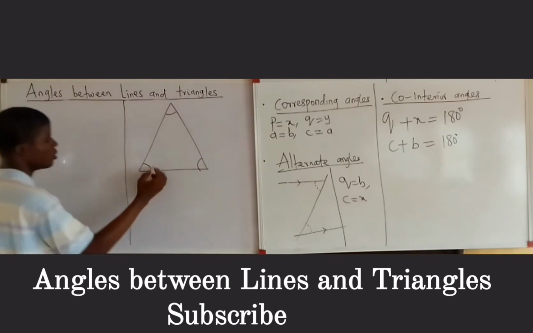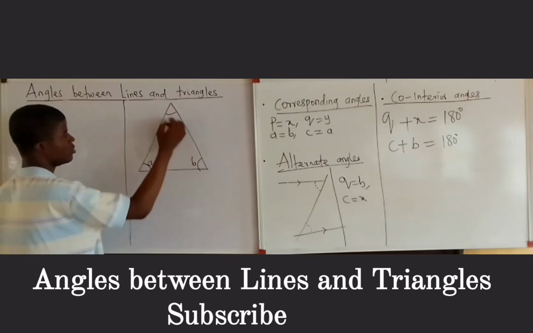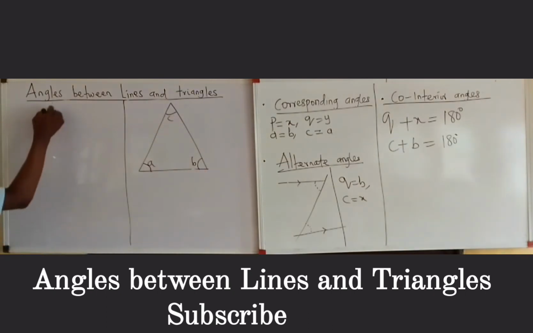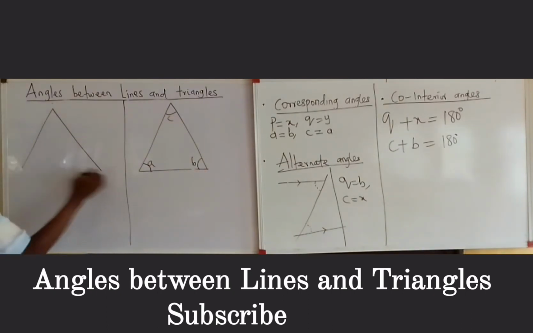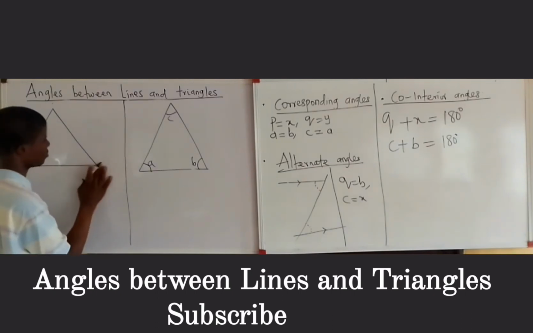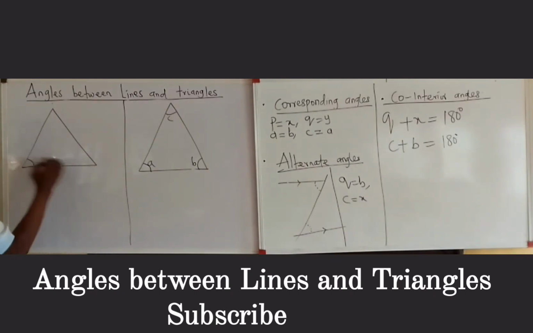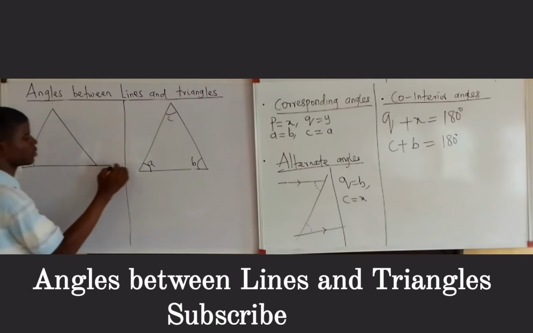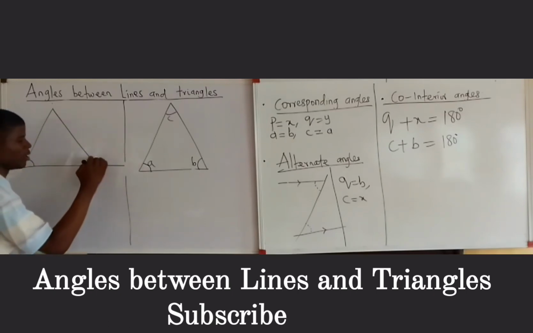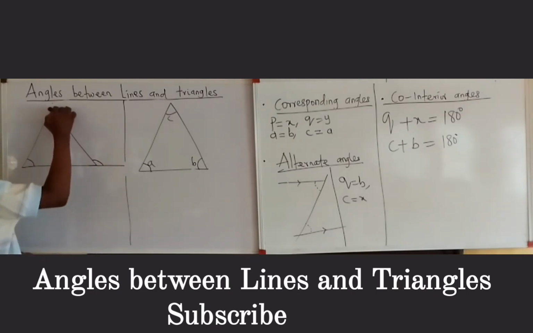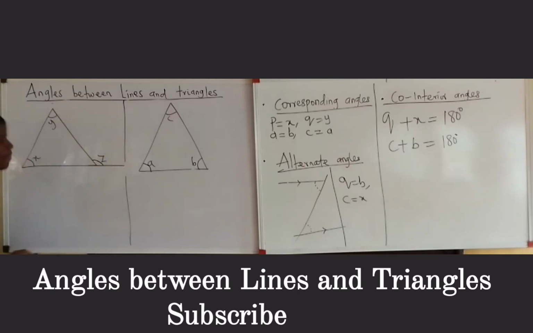That's our first triangle. Let's call this A, B, and C. And then I have another triangle here, with an extension. Let's call this X, Y, and Z.